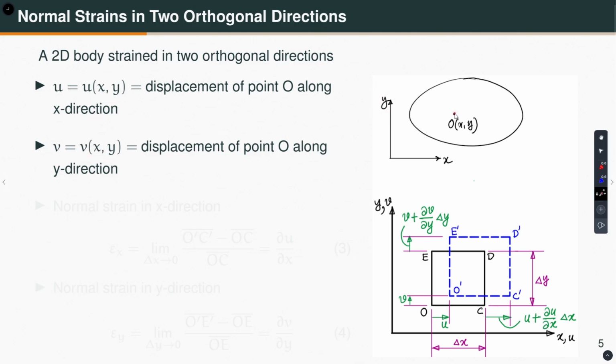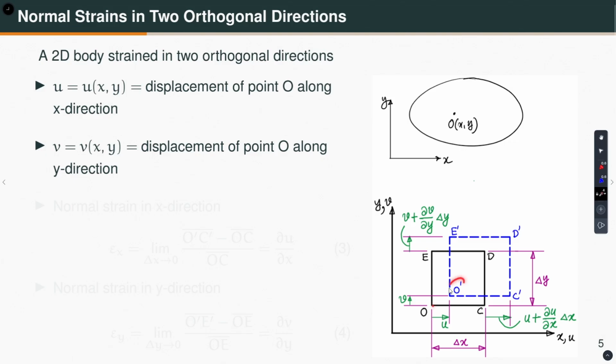Now, if I consider two small line segments which are perpendicular to each other at point O and show them here, OC is one line in the x direction and OE is the other line in the y direction, and they are mutually perpendicular. Now, after deformation, what happens?